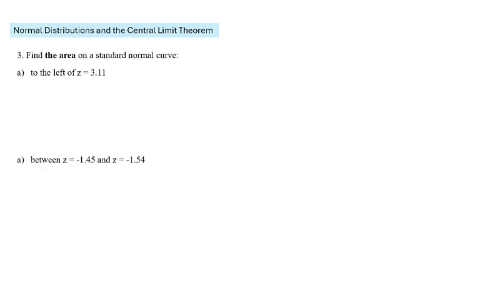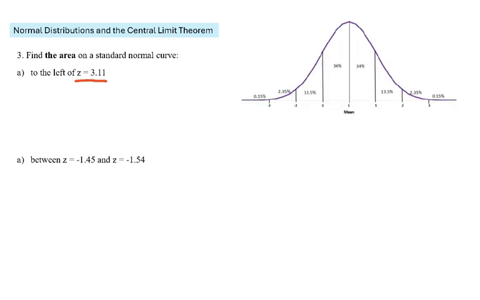Okay, so now we're going to talk about percentages when the z-value, or in other words, the number of standard deviations we are looking at, is not a whole number. Just as a reminder, let me pull up the standard normal distribution curve. Now they're asking, what's the area to the left of z equals 3.11?